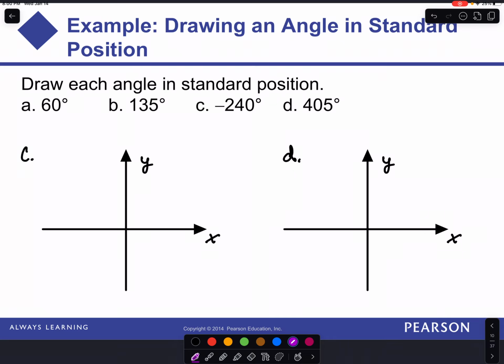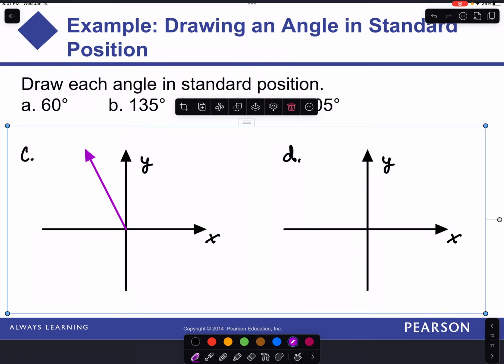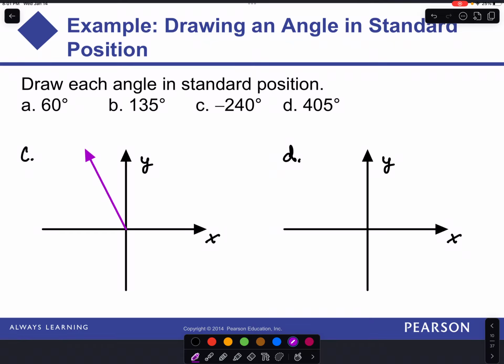Negative 240 is what, clockwise? So let me see, 90, 180. I think the next one is what, 270? So is that like 60 degrees off the x-axis in quadrant 2? So something like this. So if that's 45 about here. So then our theta, we went in this direction.